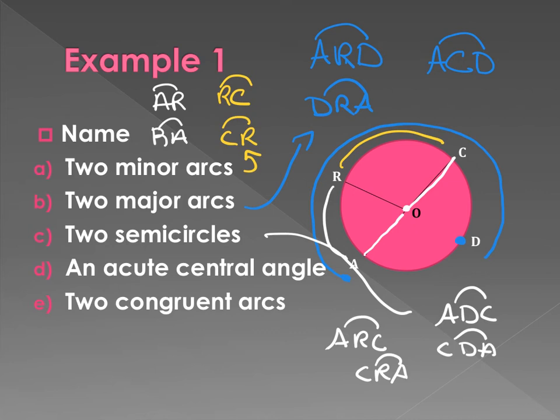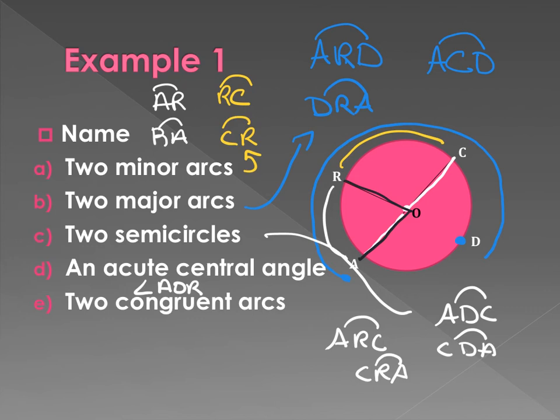All right, now we need an acute central angle. Now, the only one that looks like it's less than 90 is this one right here. So I'm going to say AOR. So my acute is AOR.